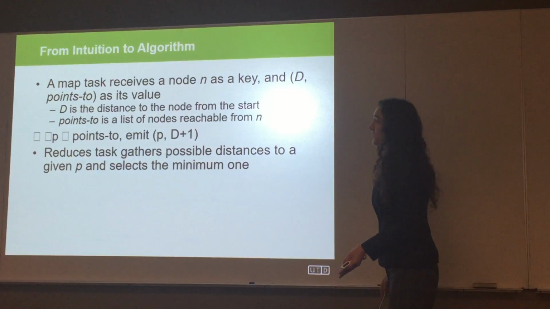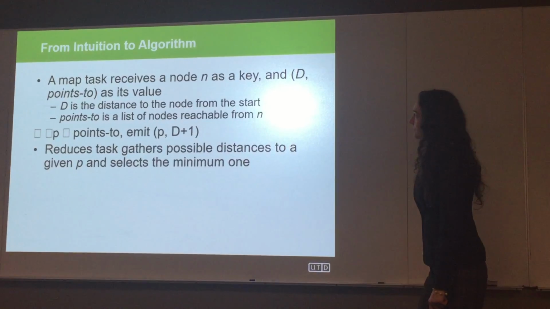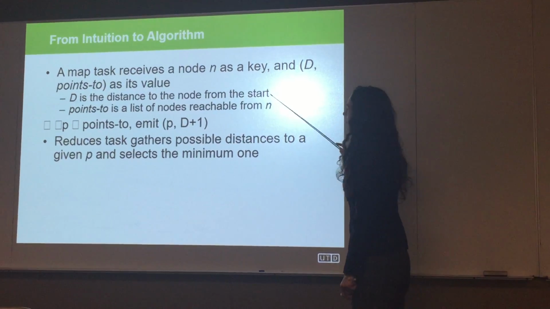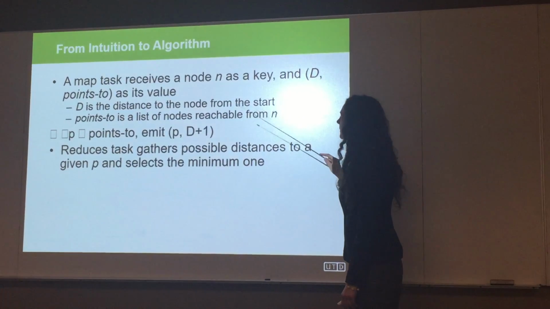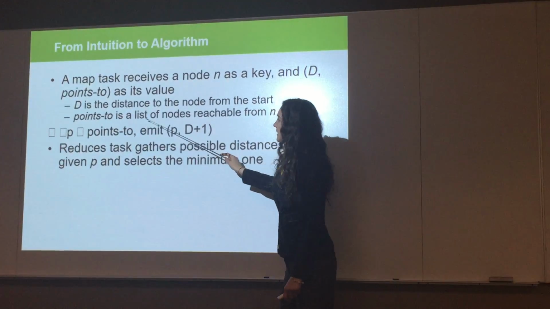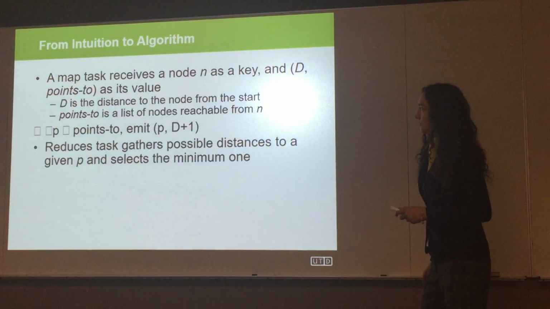D is the distance to the node we are trying to reach from the starting node. And point 2 is a list of nodes that can be reached from our current node.